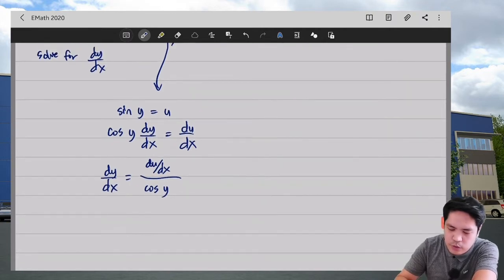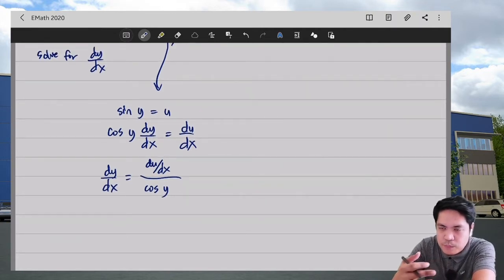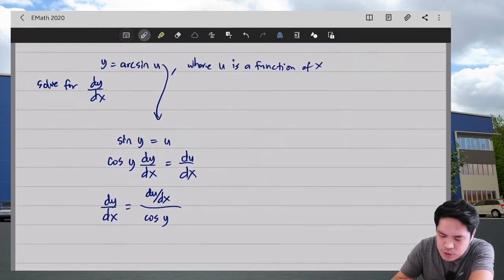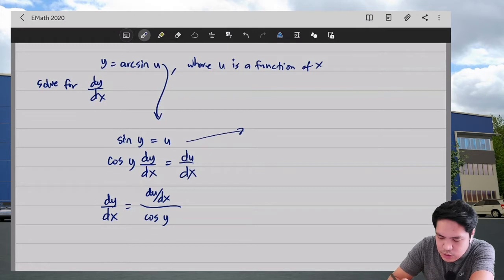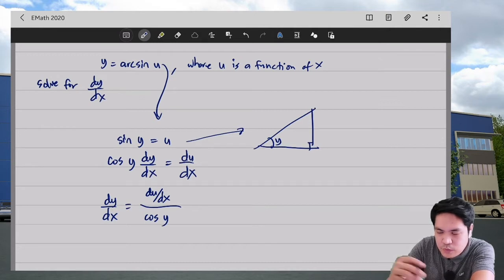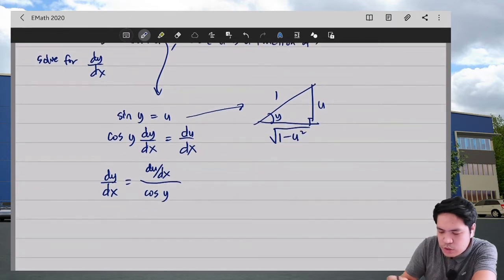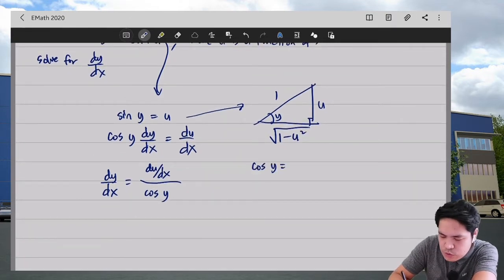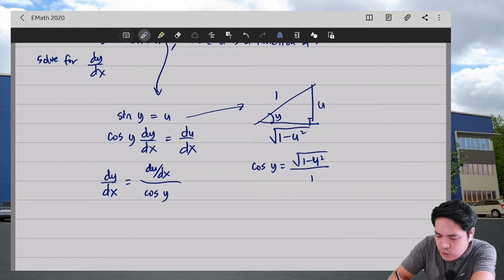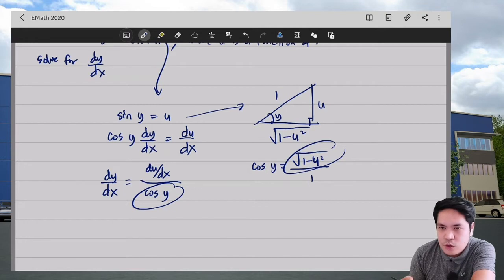Now, if we follow the solution in the previous problem, we can reconstruct the triangle here. So let's construct a right triangle in which this angle is y. Sine, we know, is opposite over hypotenuse. So opposite is u, hypotenuse is 1. Therefore, the adjacent side is square root of 1 minus u squared.